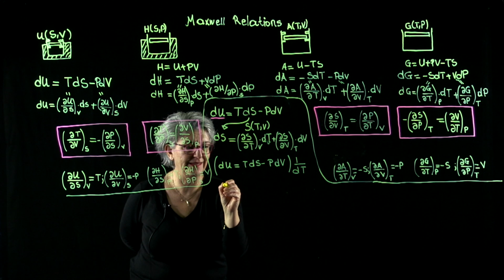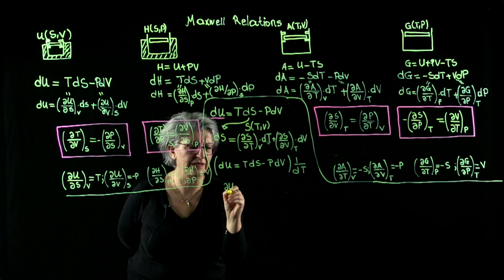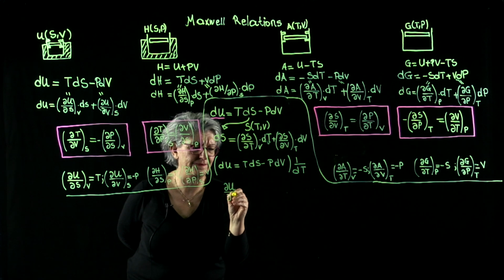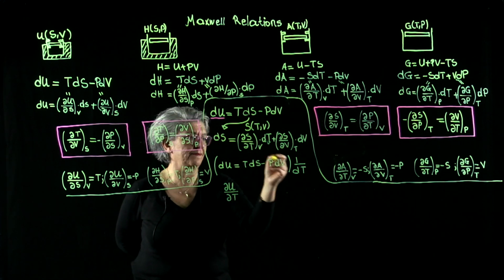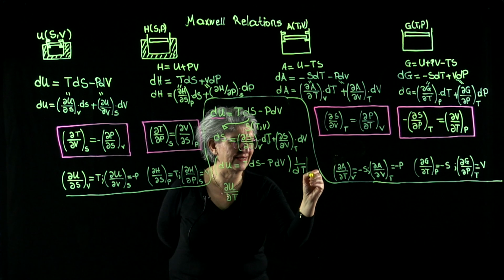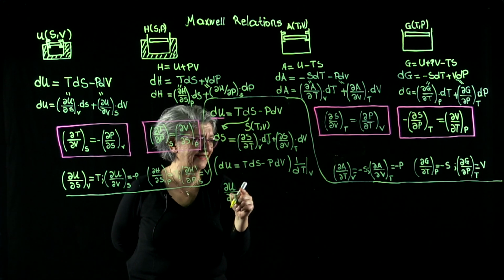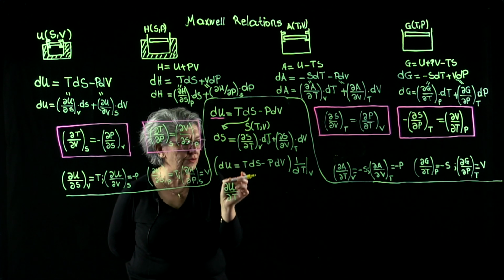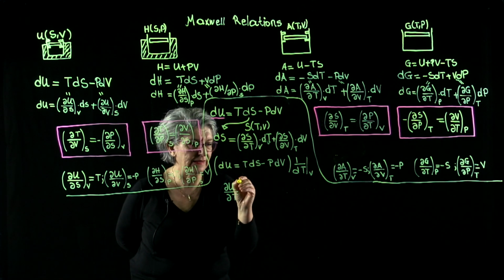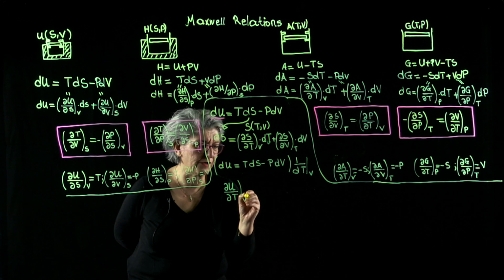Now I have del U over del T, and I will do this at constant volume. I divided du by dT while keeping volume constant.